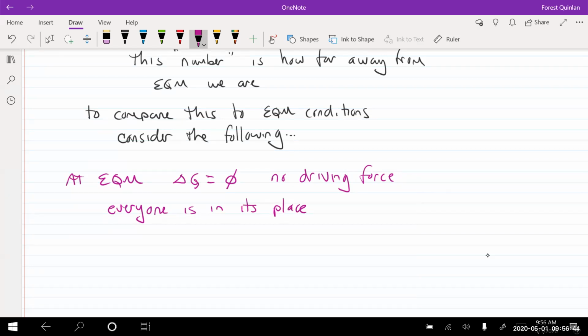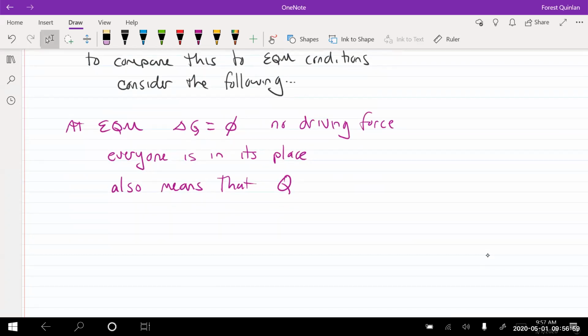Now, what that means, if delta G is 0, is that this quotient, this ratio of products to reactants, is actually what it would be at equilibrium. Because if they're not going to have a driving force to go left or right, then this quotient of products over reactants must be what we would see at equilibrium.